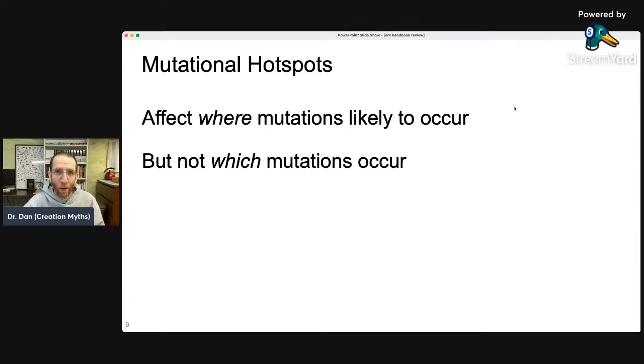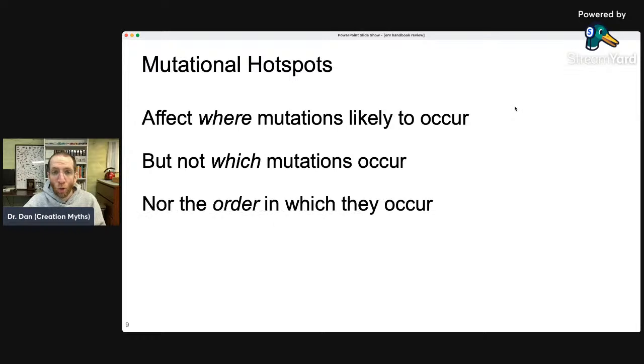Hotspots do not affect which specific mutations occur, nor do they affect the order in which specific mutations occur. In order to reconstruct the nested hierarchical pattern that we see, you need to have the same mutations occurring in the same sequence, right?